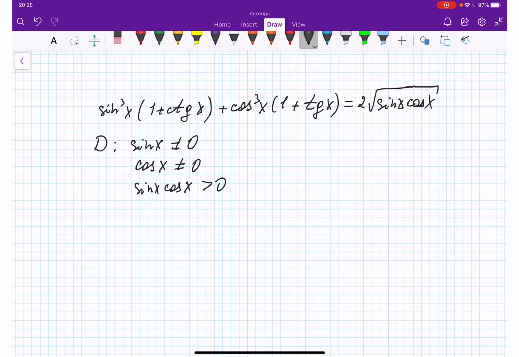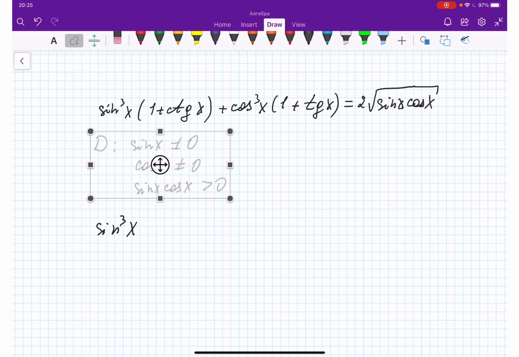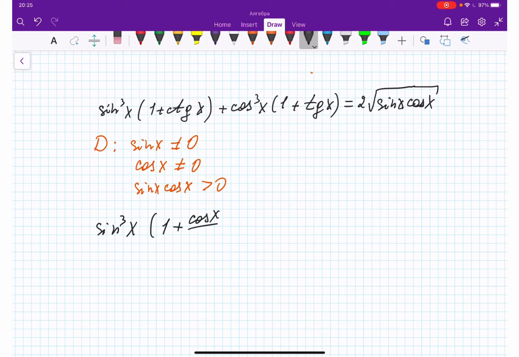So let's rewrite the equation in the following form. Sine cubed x, let me put this domain in a different color. There we go. Sine cubed x times (1 plus cotangent, written as cosine x over sine x).